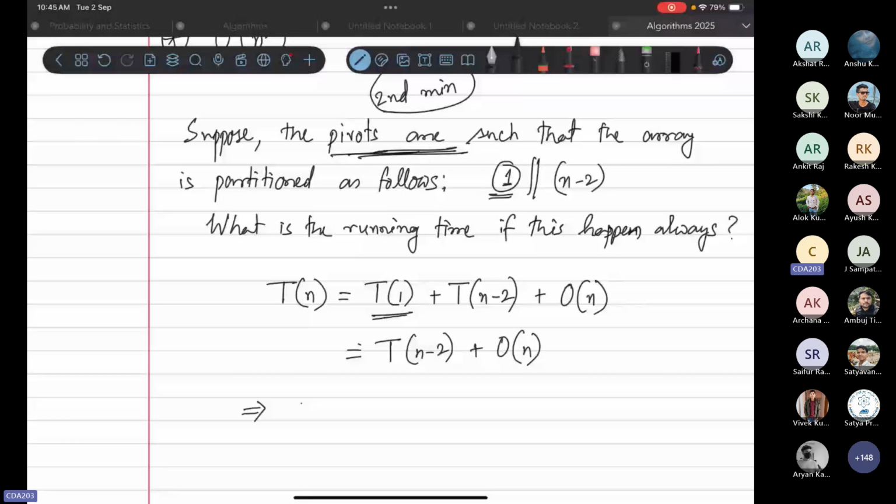There you had T n minus 1 plus O of n, when we had taken the minimum element. Instead of having n minus 2 here, we had n minus 1, so plus O of n. Right?